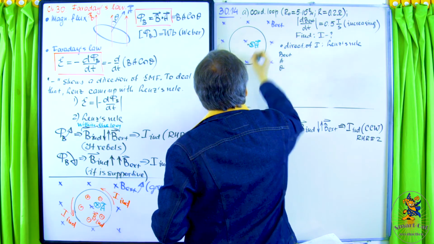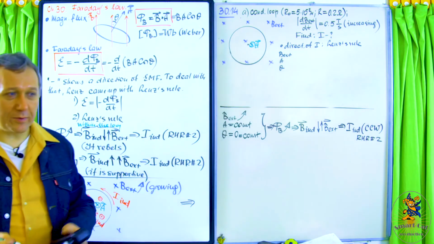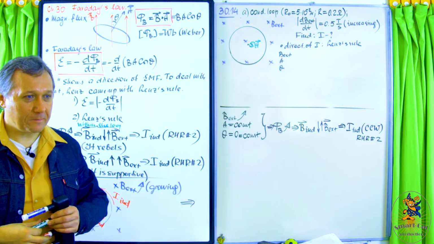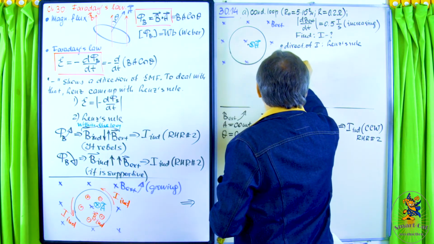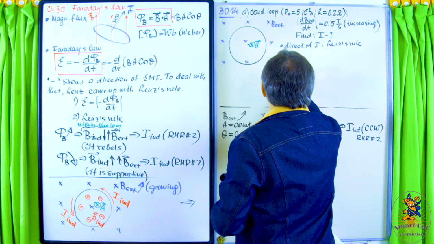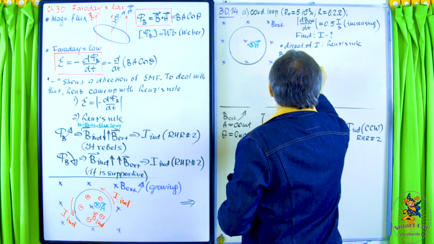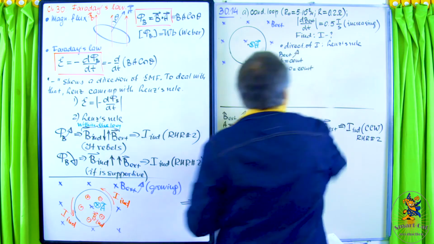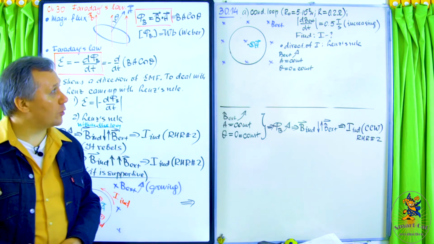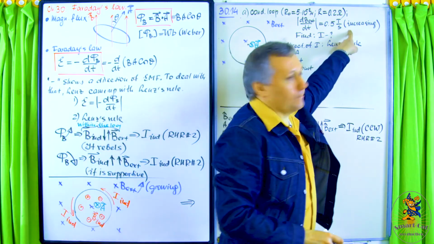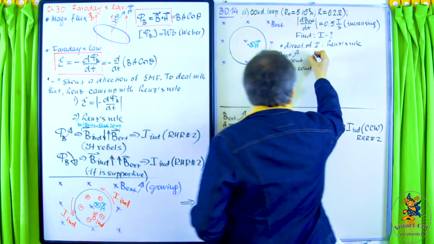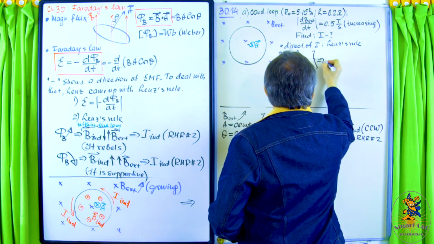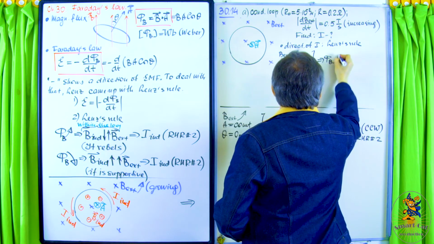So the area I will pick in the same direction as the external magnetic field, right? So the area is constant, the angle is 0 and constant, but the external magnetic field is growing, it's given, it's increasing. So as a result, we can summarize this by saying that the magnetic flux is growing.